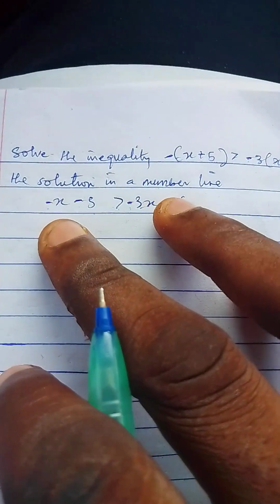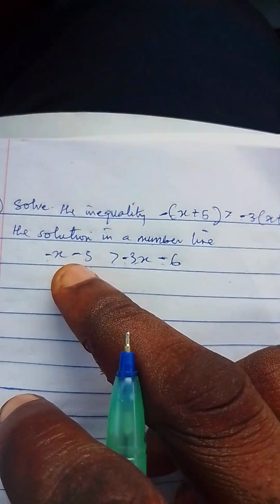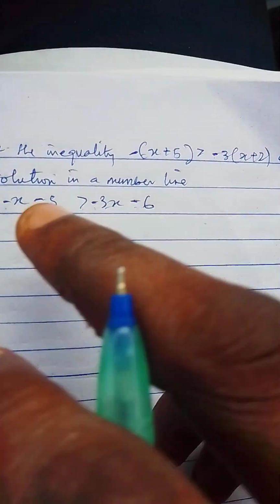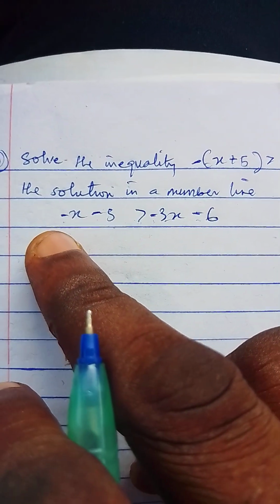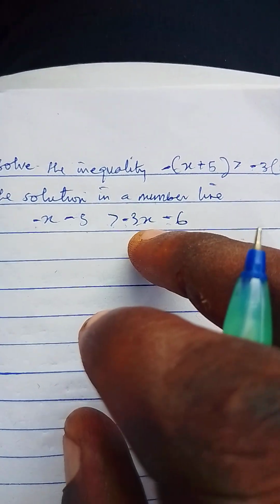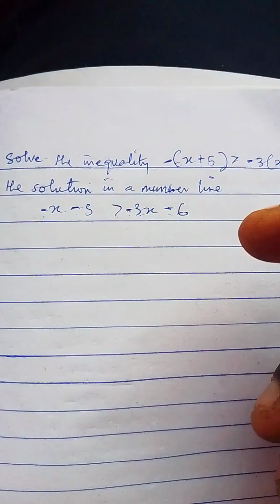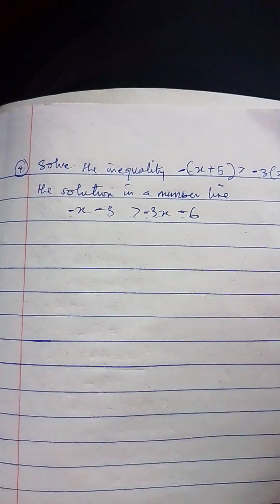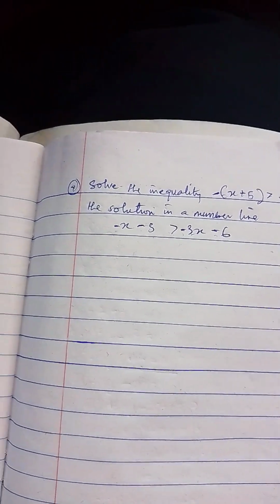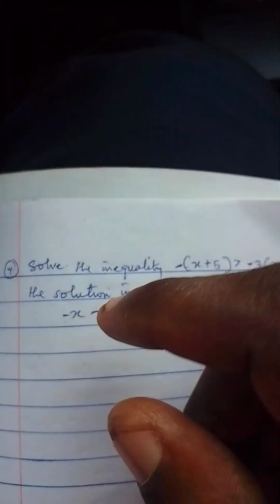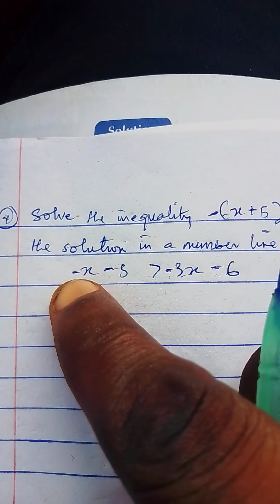Alright, to finish what we started, minus x minus 5 is greater than minus 3x minus 6. If you look here, minus x is on the left, minus 3x is on the right. So the question is, which is greater, minus 1 or minus 3? The greater one is minus 1.